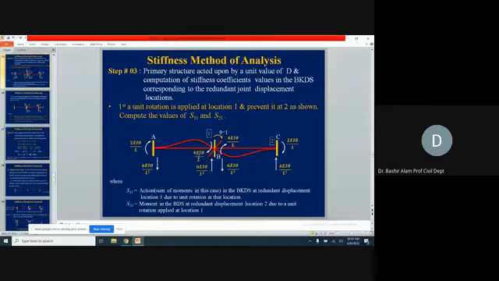Remember, this I, E and L are those of the left hand side span. So 4EI theta divided by L.